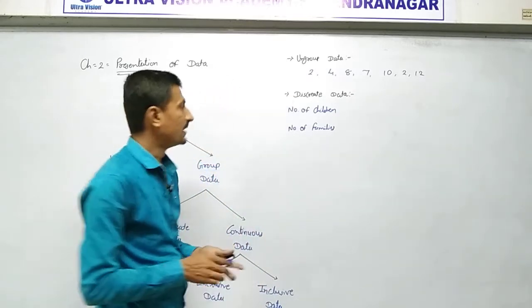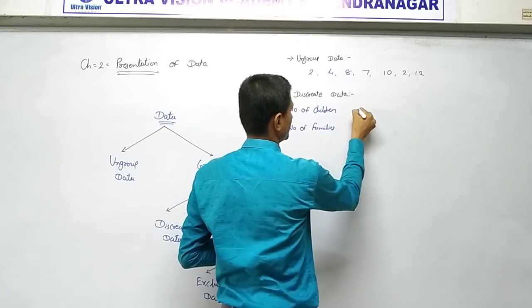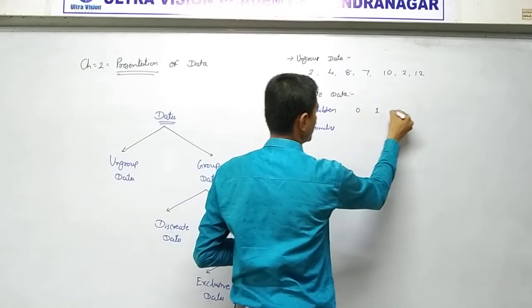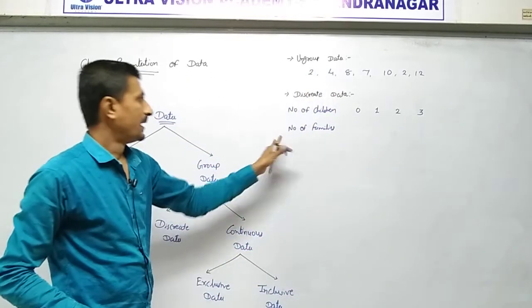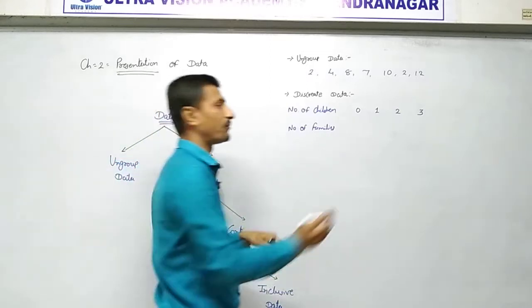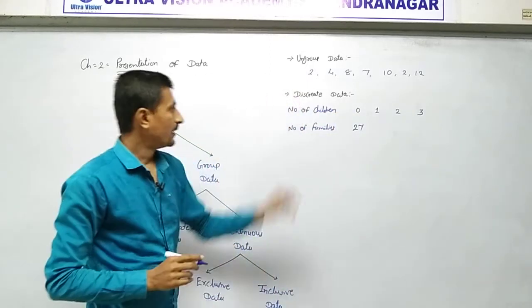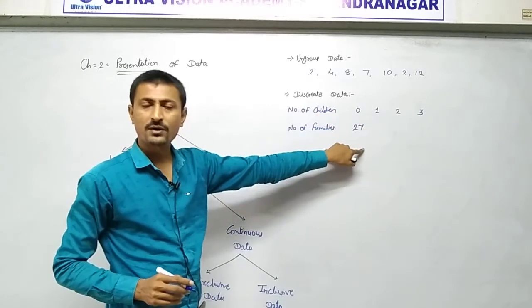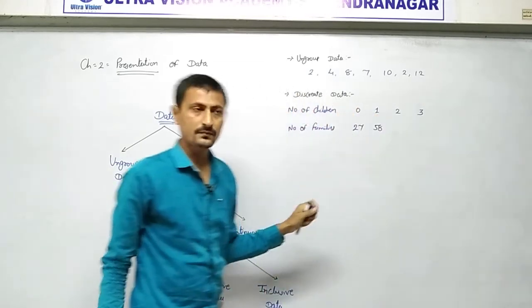Suppose number of children 0, 1, 2, 3 maximum, and suppose the number of families. None of the children, number of families is 27. One child, number of families 8.